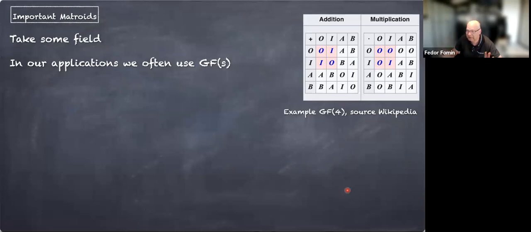For example, GF(4) is the field with 4 elements. And if you have a field with 2 elements, 0 and 1, then the operations are the same as with reals, except that 1 plus 1 is 0.